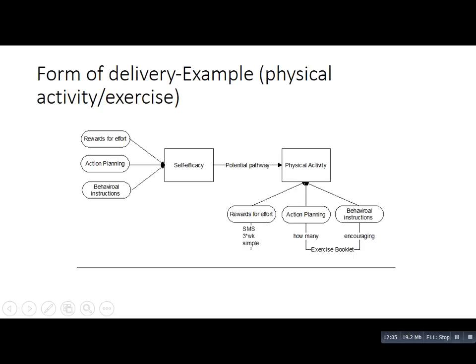Now the question is, how do we deliver these techniques and these interventions? So for example, we could give people rewards for their effort via an SMS. We could do it 3 times a week, and we could write very simple text messages so that people understand them and they don't feel scared about a very difficult language.